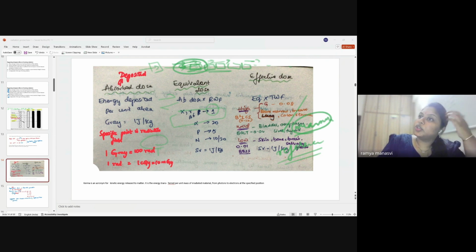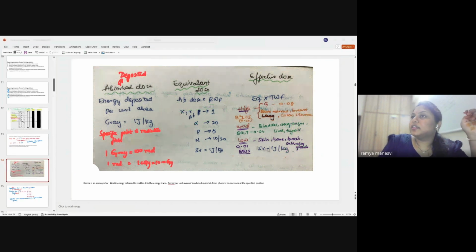It depends upon the tissue weighting factors. The highly radiosensitive organs, that is gonads, bone marrow, breast, colon, stomach, and lung, will have more tissue weighting factor, whereas the bladder, esophagus, liver, and thyroid will have moderate radiosensitivity, whereas low radiosensitive organs, that are skin, bone, brain, and salivary glands, will have low tissue weighting factors.